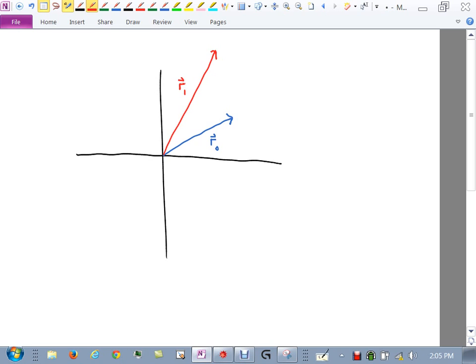And then I'm asked to draw R1 minus R0. So this is the same as R1 plus negative R0, isn't it? And negative R0 would be R0 but pointed in the opposite direction, wouldn't it? So this is negative R0.